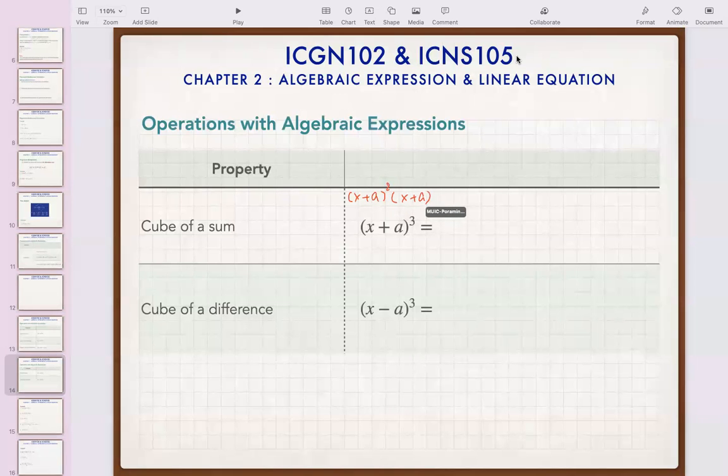From the square of a sum, we get x squared plus 2ax plus a squared, and then we multiply by x plus a here.